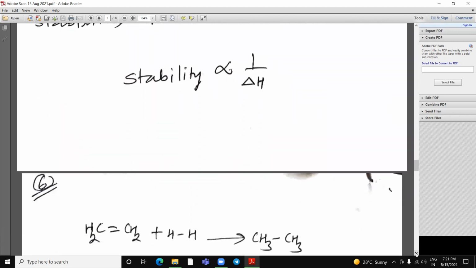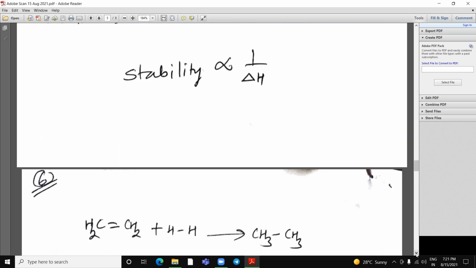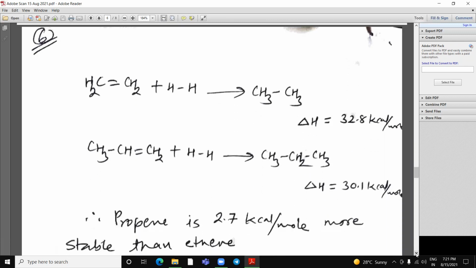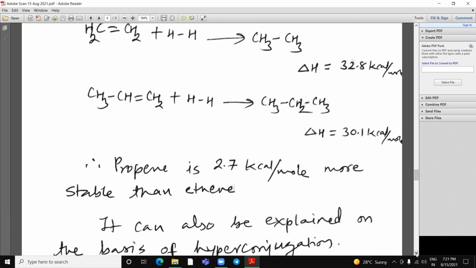Stability is directly proportional to 1 upon delta H, or inversely proportional to delta H value. See here, ethene molecule will evolve 32.8 kilocalorie per mole, whereas propene will evolve 30.1 kilocalorie per mole.